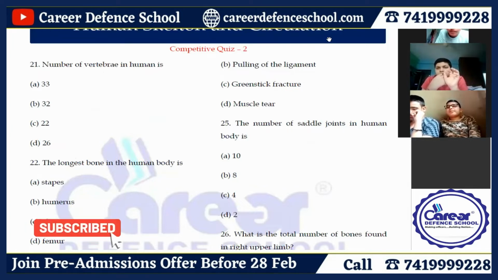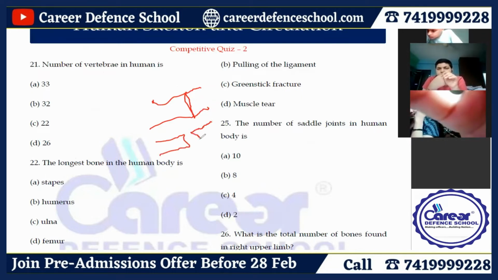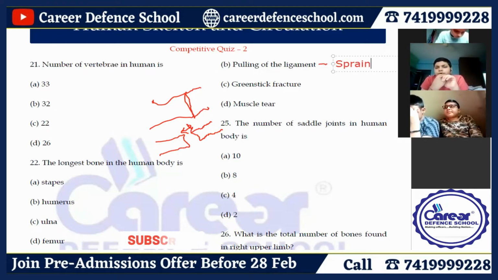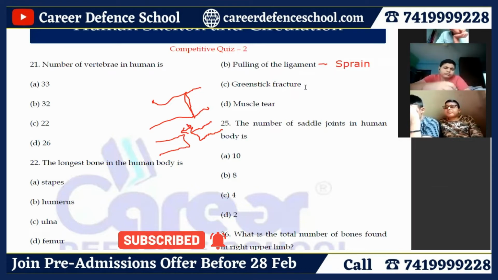When your ligament is pulled, your bone is connected with the ligament. When your ligament is pulled away from the bone, that gap is basically called a sprain. So right here, it is a sprain, pulling of a ligament.